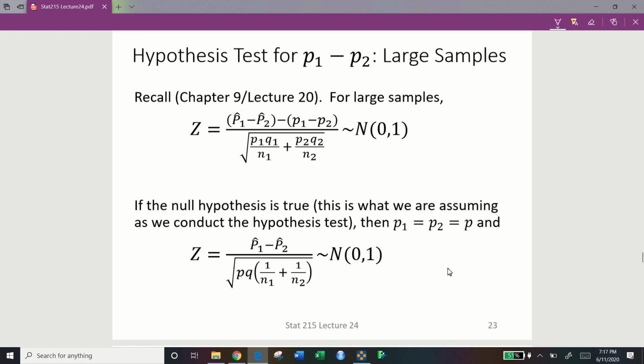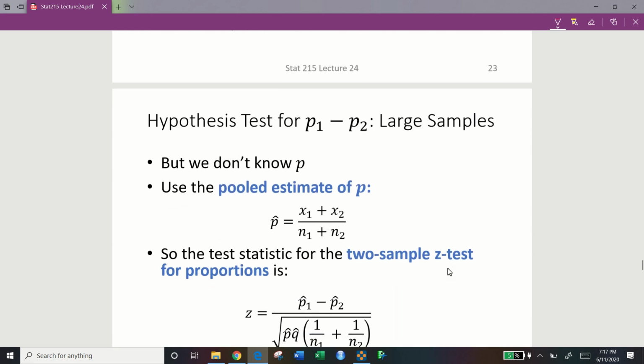If the null hypothesis is true, which is what we are assuming when we conduct our hypothesis test, then P1 equals P2 equals P. And therefore, our hypothesis test statistic will be Z equal to P1 hat minus P2 hat all over the square root of PQ times the quantity of 1 over N1 plus 1 over N2, which again, we will assume follows the approximate standard normal distribution.